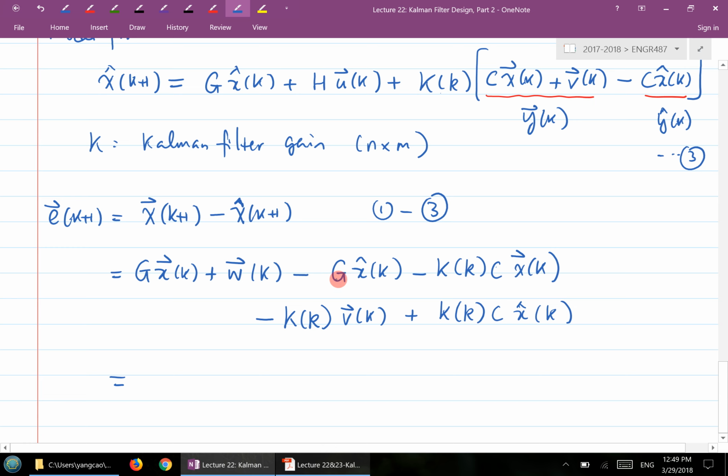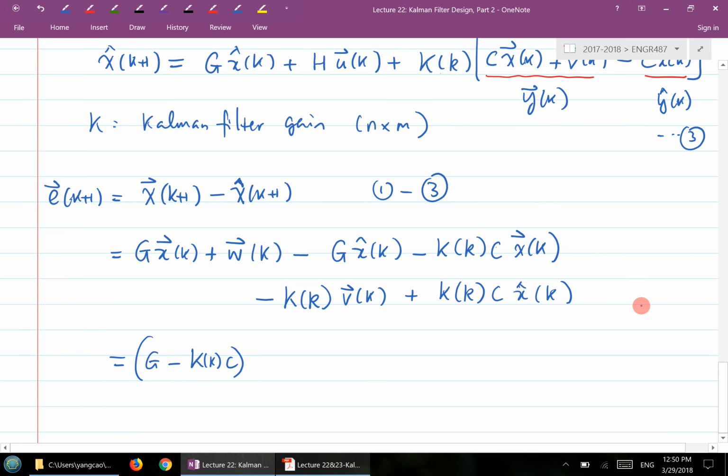Minus bracket G minus K times C. So basically, the coefficient for x k and x hat k both are G minus K times C. Technically, this is a changing quantity, but I'll just write it down here. So small k times C, and then x of k minus x hat of k. So that can be simplified to this.